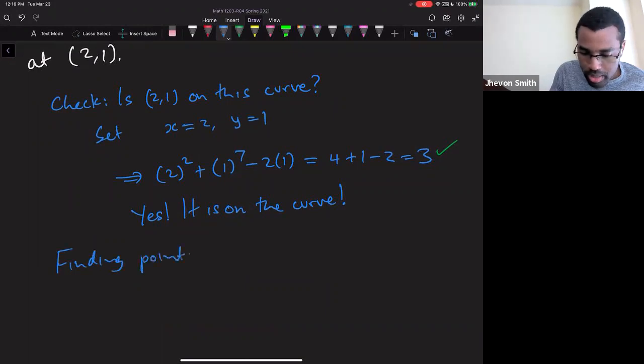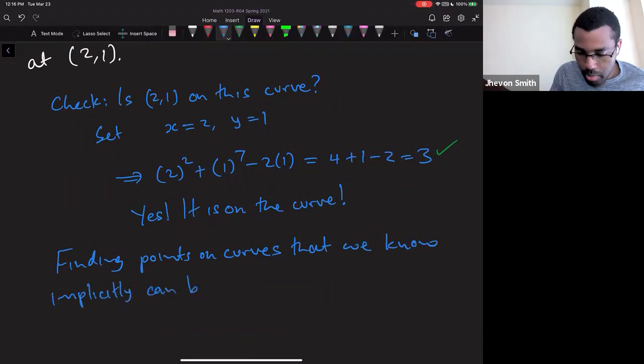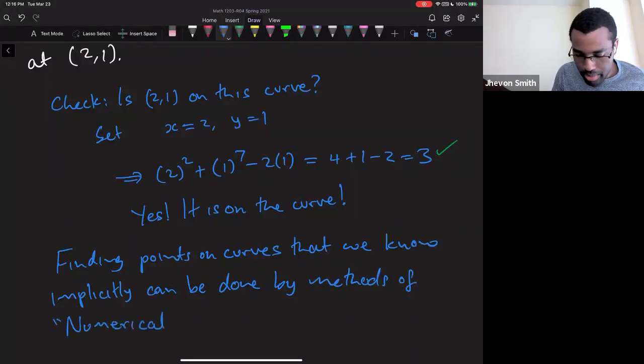Finding points on curves that we know implicitly can be done by methods of, it's called numerical analysis. You guys wouldn't have to take this class, so I wouldn't worry about that.